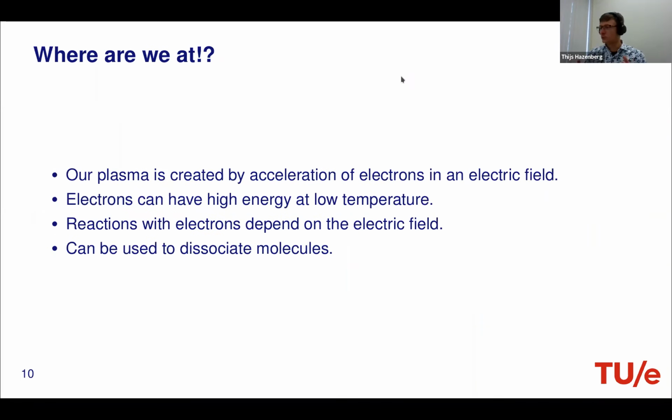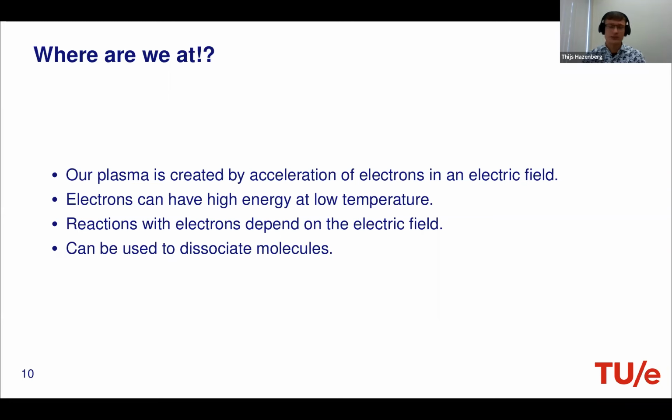Okay, so just to recap this first part of the lecture, our plasma is created by accelerating electrons in an electric field, which then can ionize and dissociate and do chemical work. These electrons can have a very high energy at a low temperature, which means that they can do chemical work.